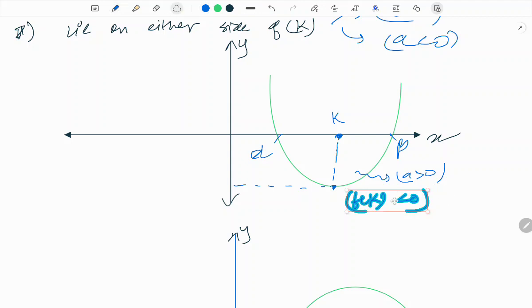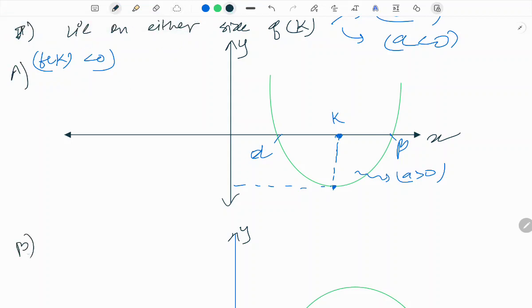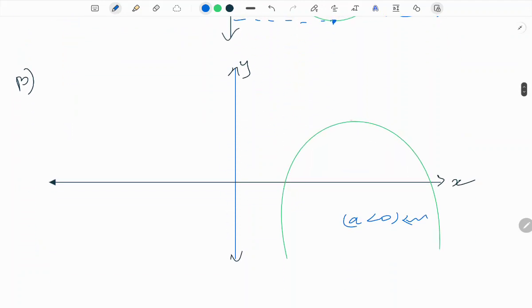I'll take this thing over here for this case number 1, sub case A and sub case B. And if we see d is greater than or equal to 0, and over here at point k, let us assume this is k, this is alpha and beta, f of k is positive and d is greater than or equal to, no, we can't say it is equal to 0 now.